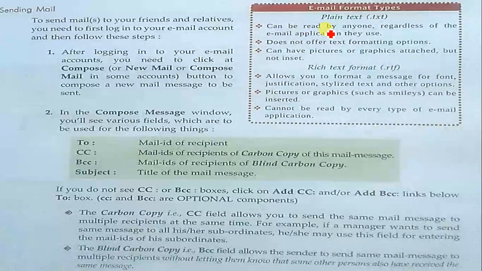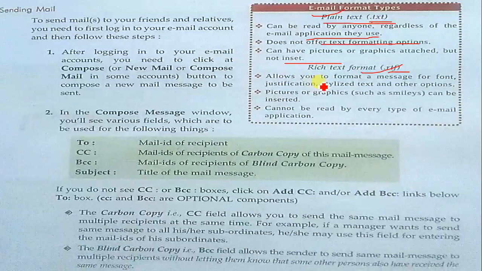Plain text, .txt, can be read by anyone, and the email application they use does not need to offer text formatting options if we compose the mail in plain text. Pictures or graphics can be attached but not inserted. And what is RTF, or rich text format? .rtf, and here .txt.